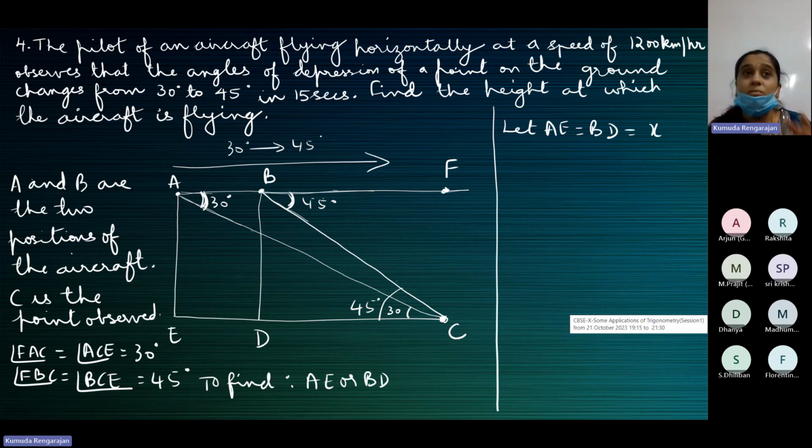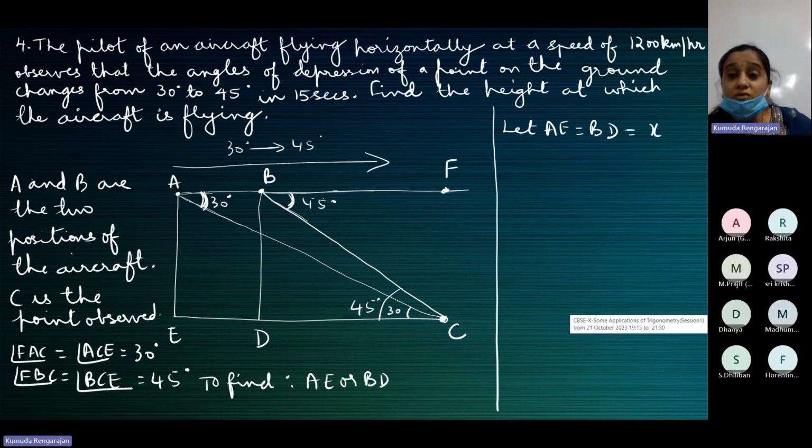Both are the same, but you will be looking at them as different without realizing they are the same. But when you use the variable X, it becomes easier for you. So AE, BD, let it be X.